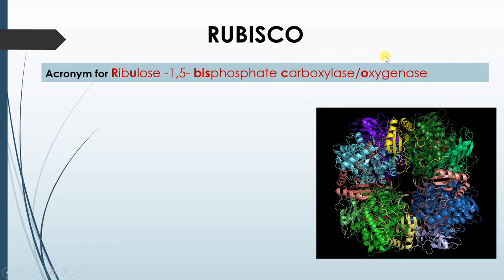This is because of an unusual property of Rubisco: this enzyme possesses a dual property. It can catalyze both carboxylation and oxygenation of RuBP. That is why this name. Rubisco is the acronym for ribulose 1,5-bisphosphate carboxylase/oxygenase, so you have to remember this name.